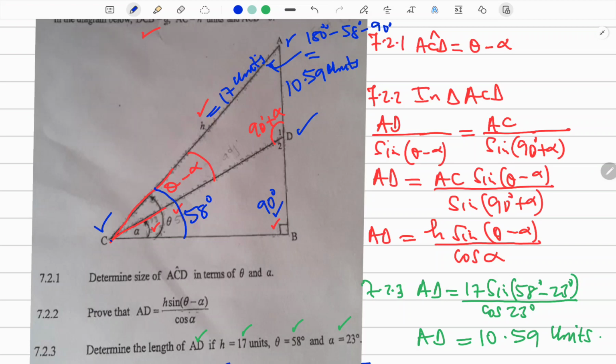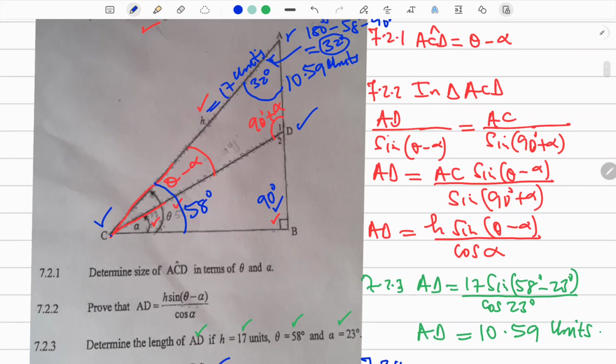Let's make sure what that works out to: 180 minus 90 minus 58 is 32 degrees. So this angle is 32 degrees. If this angle is 32 degrees, then you can easily find the area of that triangle.